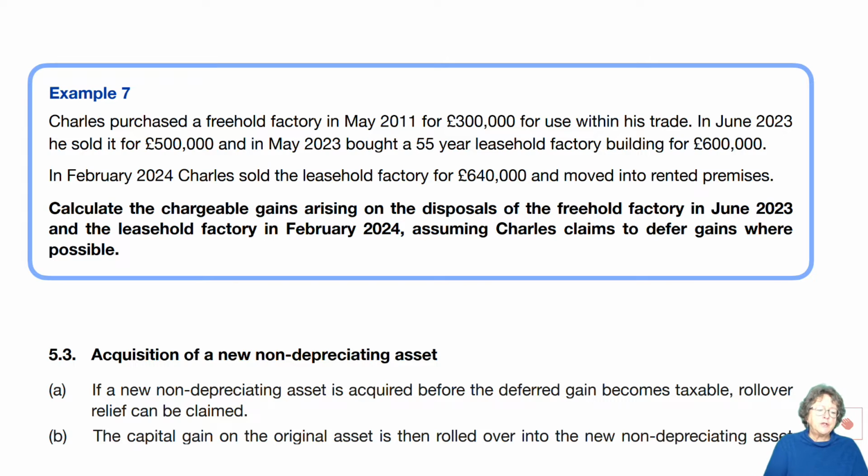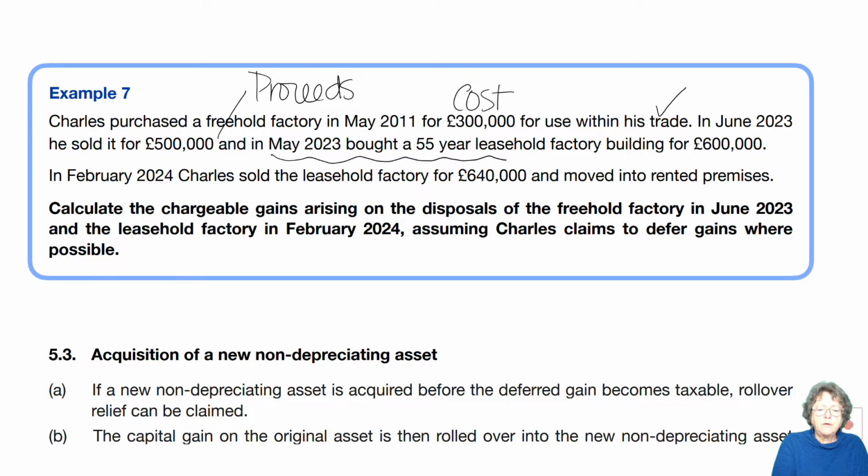Charlie purchased a freehold factory in May 2011, so that's our cost, and used it in his trade. Okay, ticks in the box. June 2023, he sold it, so that's our proceeds. And then he bought, there you go, a 55-year-old leasehold property for 600,000.